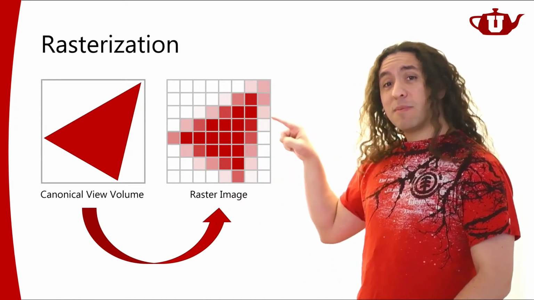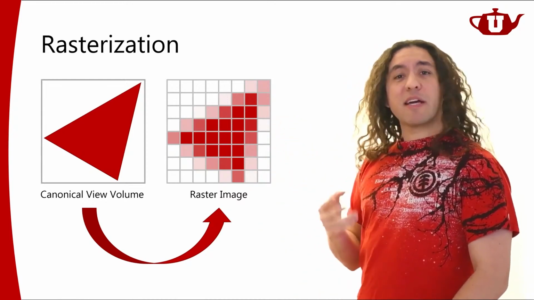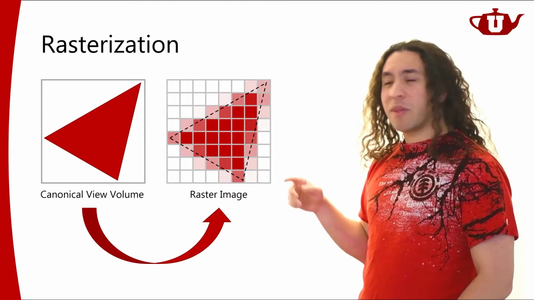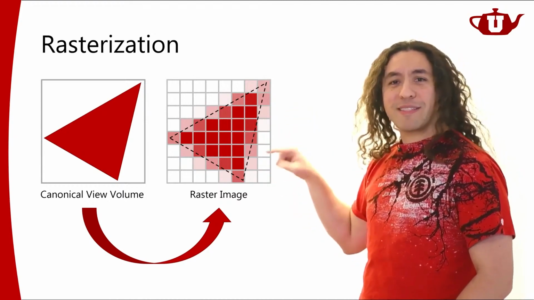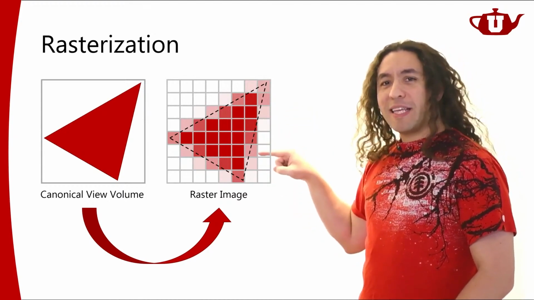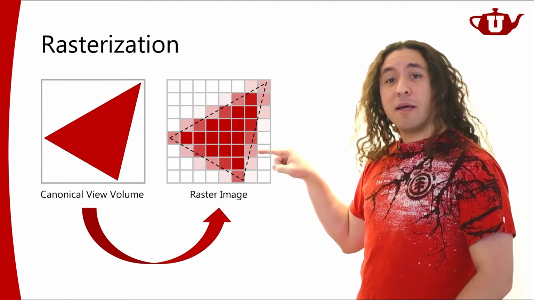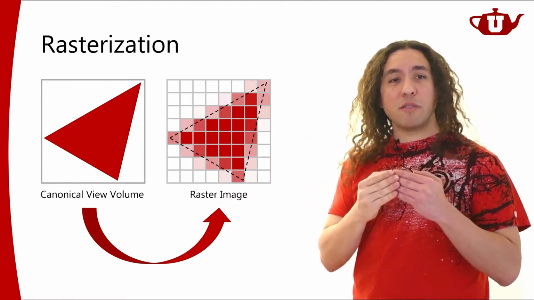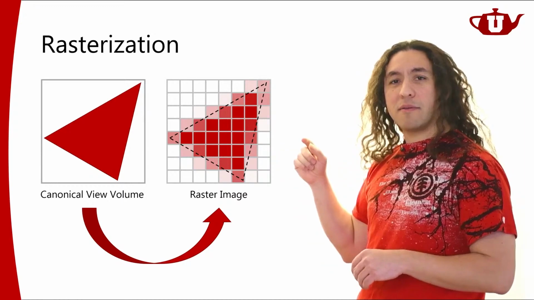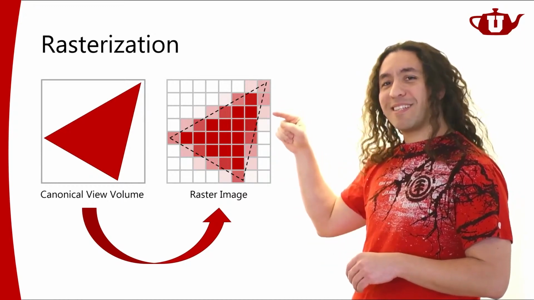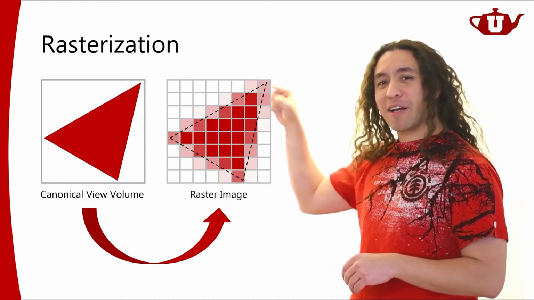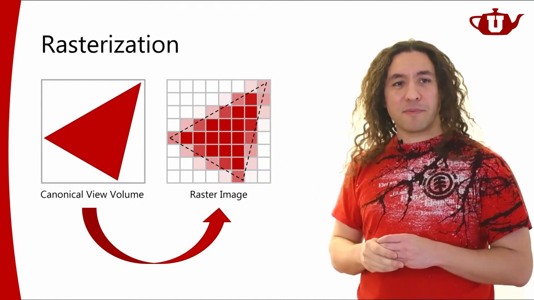But these smooth edges, you can think of them as like when you put this triangle onto this raster image, these pixels are colored based on the proportion of which this triangle covers those pixels.